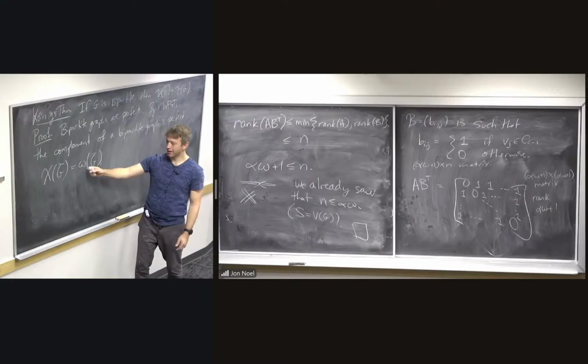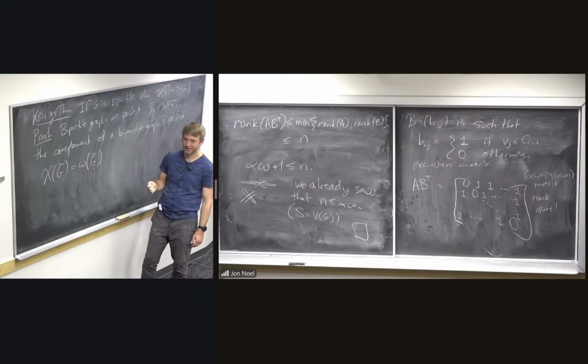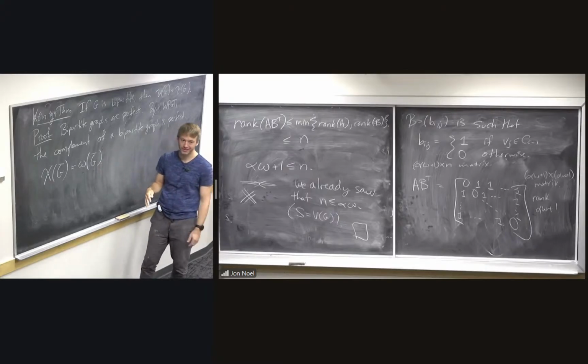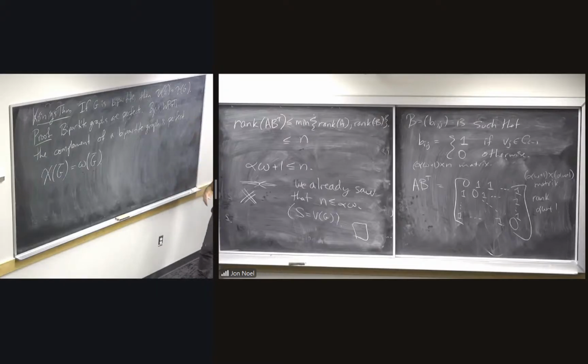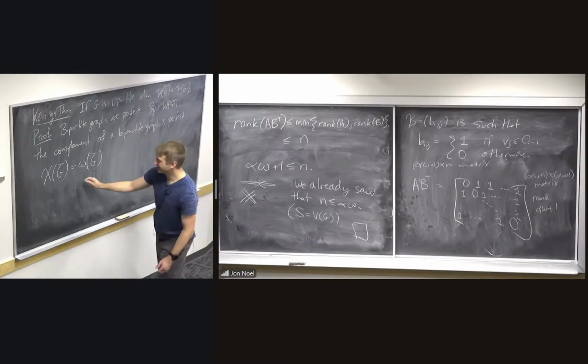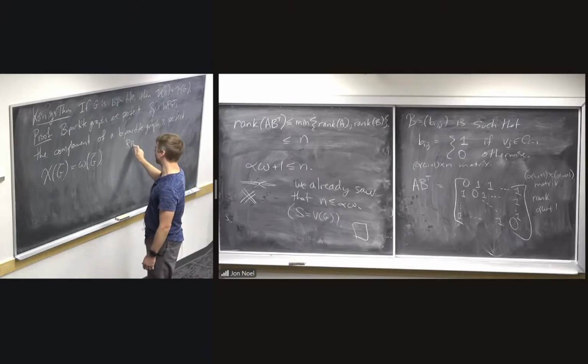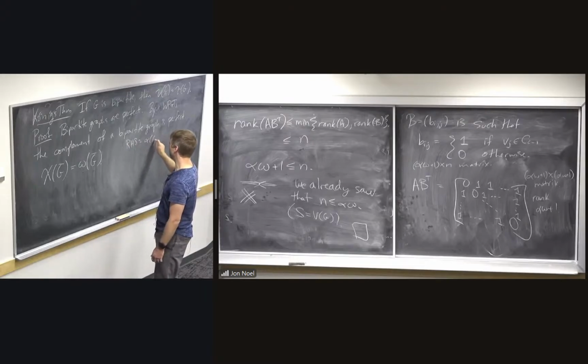Can you see how I can relate this to the graph G? I want to get rid of the complements and just write something about G. Yeah, exactly. The right-hand side is just alpha of G.